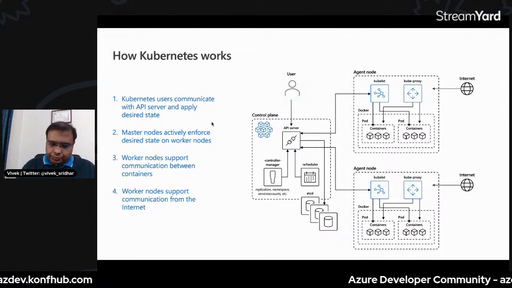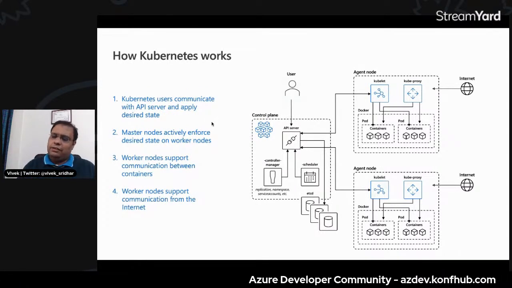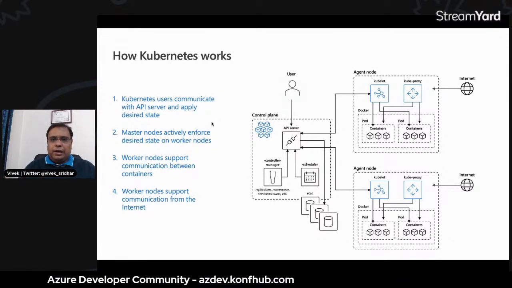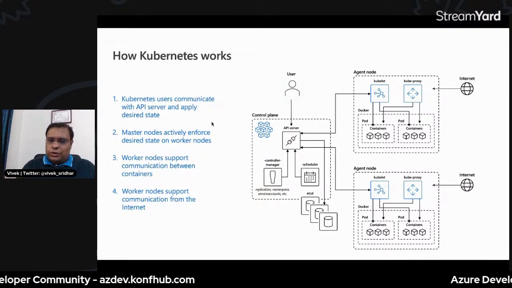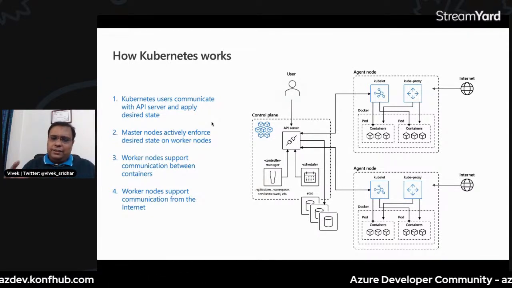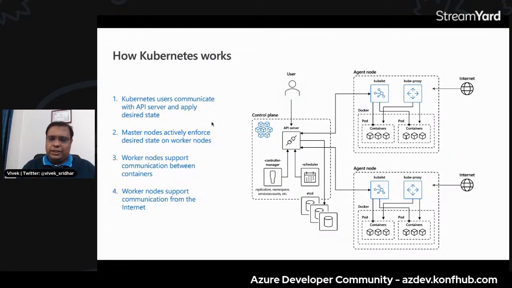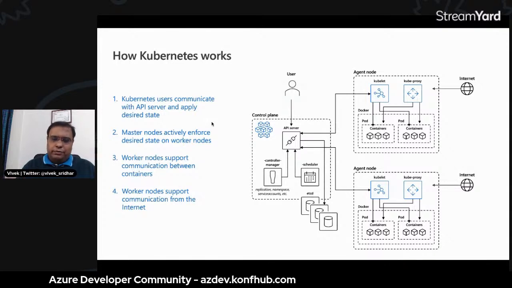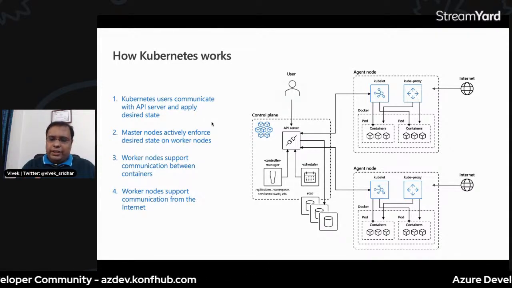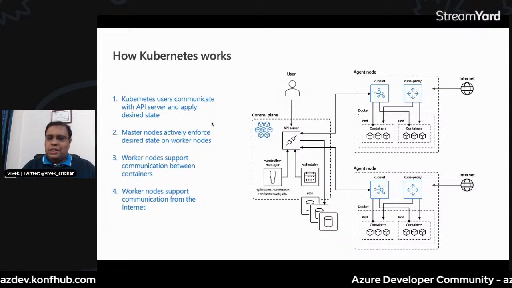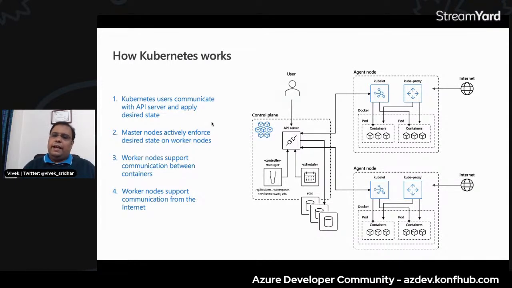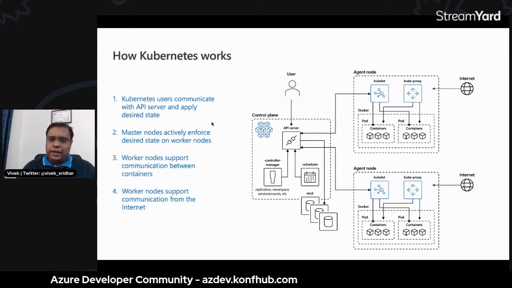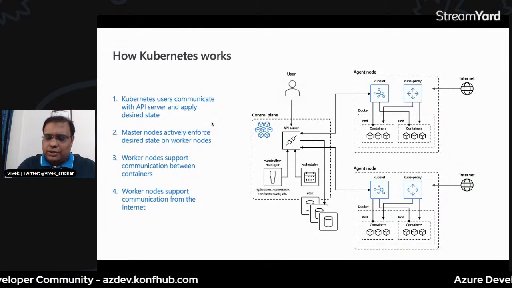Using these different components, the master decides how to deploy your application to the worker nodes. In a worker node, you can see there are kubelets, which interact with the API server. They are responsible for running your containers within the different worker nodes. And obviously it's a simple binary. This is basically how it works.